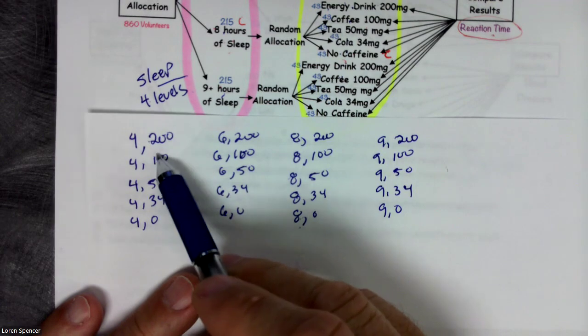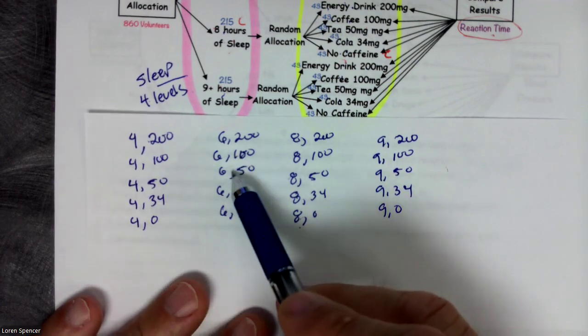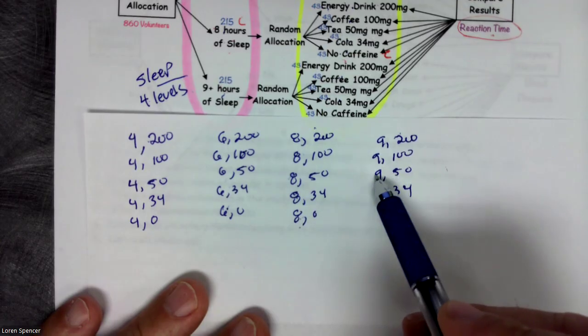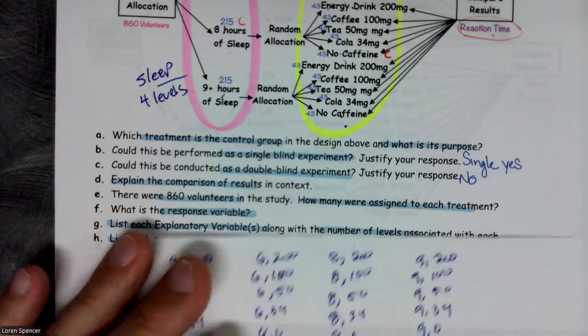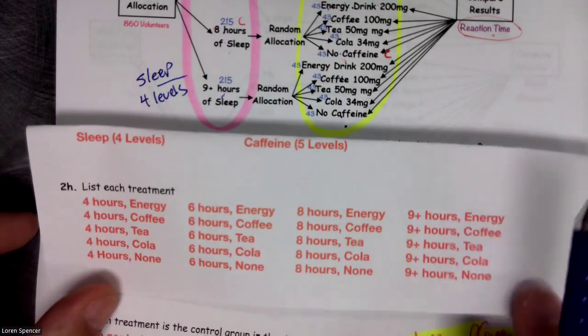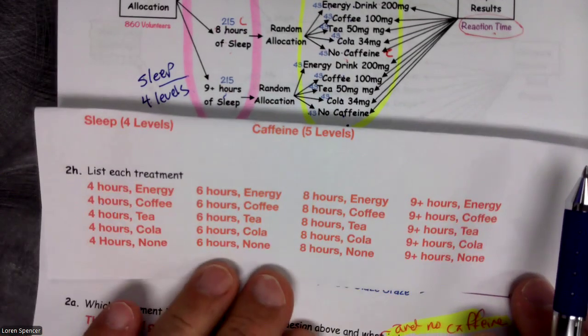And when I count these up, 1, 2, 3, 4, 5, 6, 7, 8, 9, 10, 11, 12, 13, 14, 15, 16, 17, 18, 19, 20, because we have 20 treatments. Or you could have written them out like this. I'm going to leave this up there so you can take a look at that.